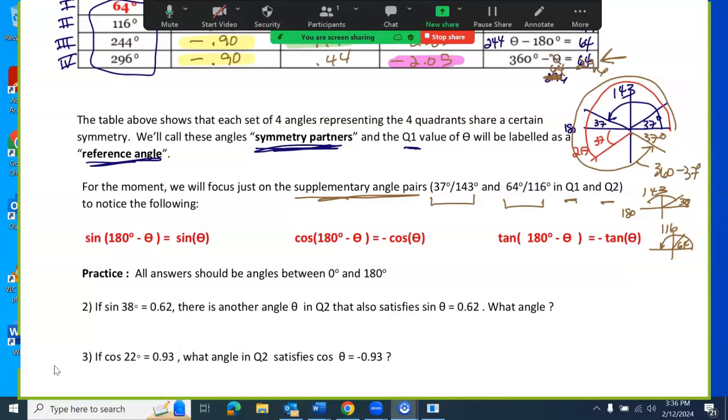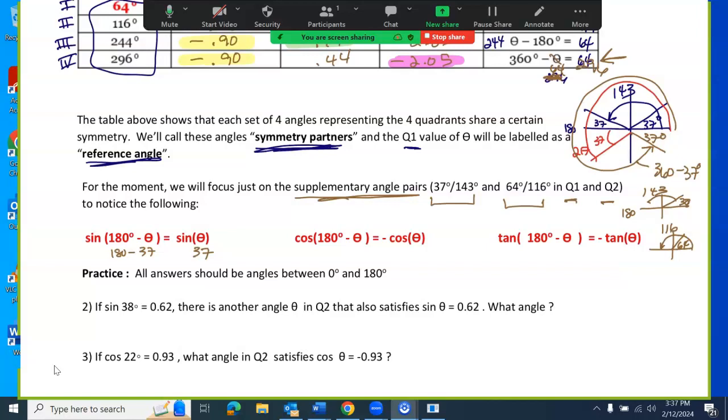So notice, the sine of 180 minus your reference angle is exactly the same as the sine of the reference angle. So try that: the sine of 180 minus 37 is the same as the sine of 37. But when you get to cosine, it's going to be the negative of the cosine.